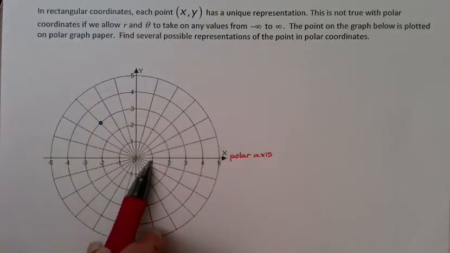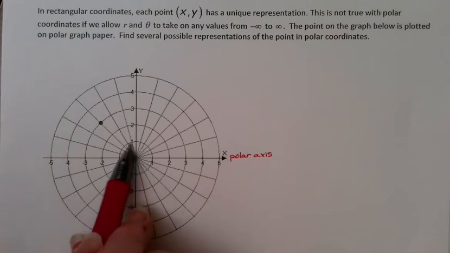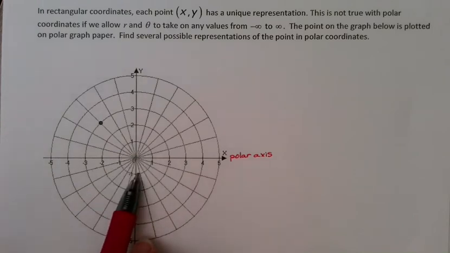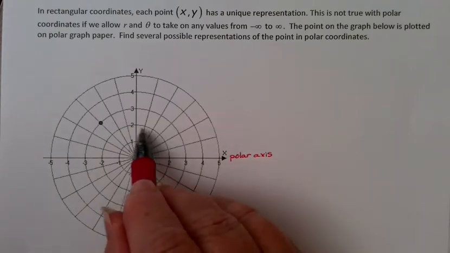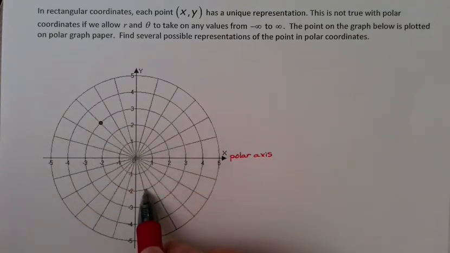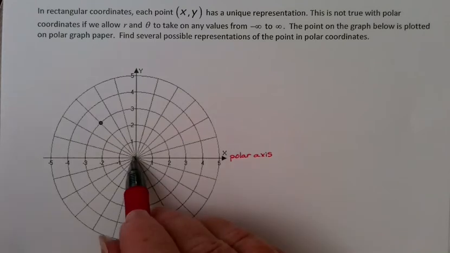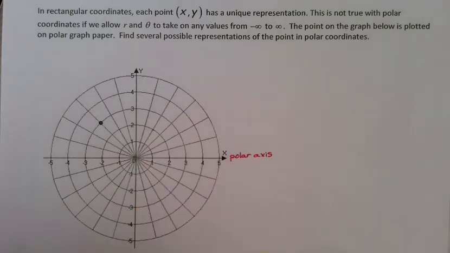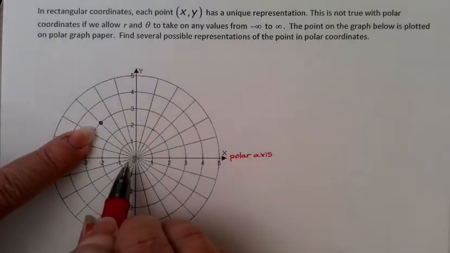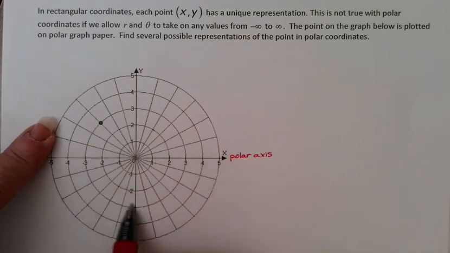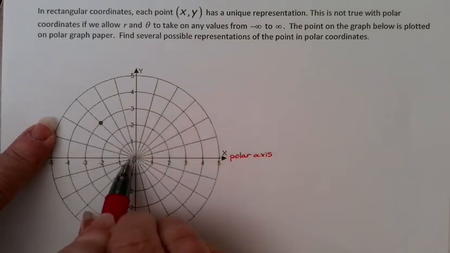This first inner ring, every point on that ring would have an r value of 1 because the distance from the pole to any point on that ring is exactly 1. Similarly, this next ring, every point in that ring would have an r value of 2. All of these points are exactly 2 units from the pole. And then the point P that we're really interested in here is on the next ring out. And that ring, everything has a distance of 3.